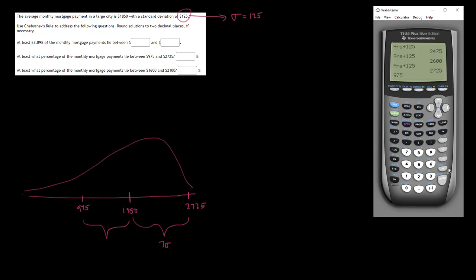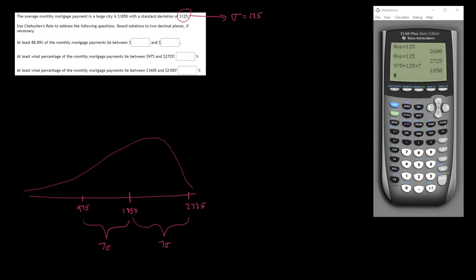Let's see if 7 does the trick: 125 times 7. If 7 is the correct number of standard deviations, this calculation should give us 1850. And it does. So yes, this distance right here is 7 standard deviations as well. That's the crux, the information we need to answer the question.